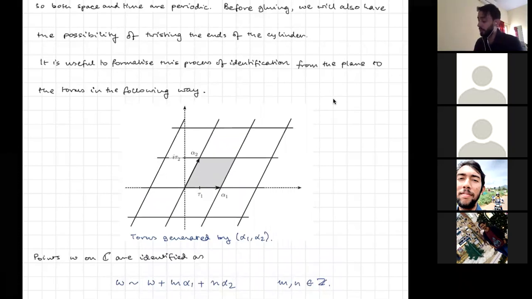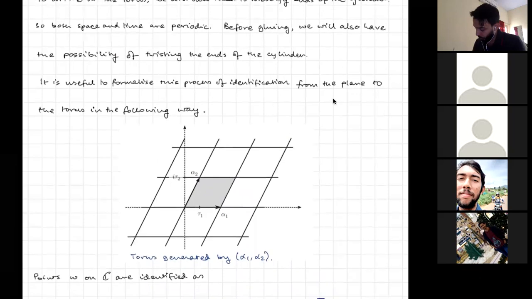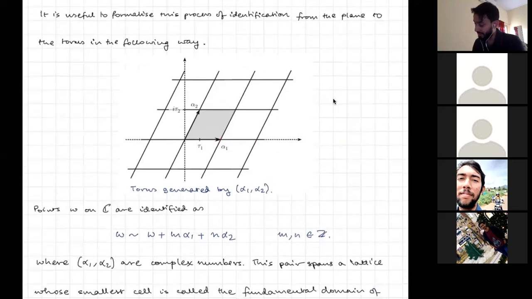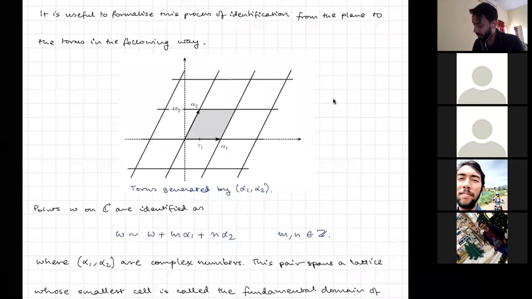We're going to identify points in C such that omega is identified with m alpha 1 and n alpha 2, where m and n take integer values. So you just mark these things out, and that's the way that you create this sort of lattice.